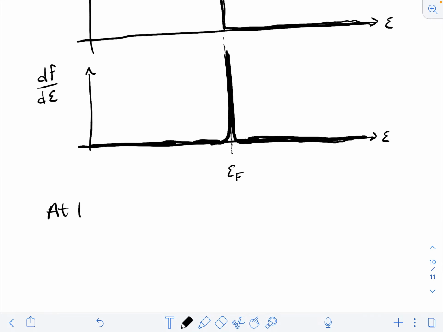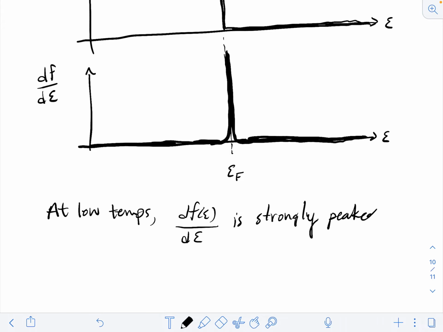Okay, so at low temperatures, this derivative with respect to energy is strongly peaked at the Fermi energy.